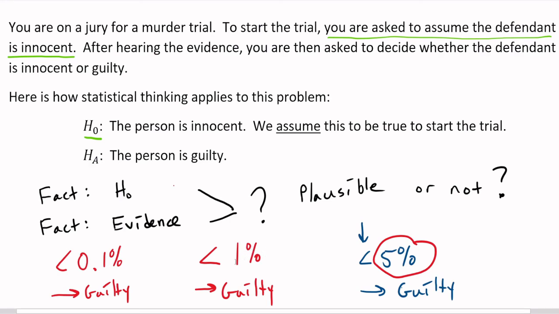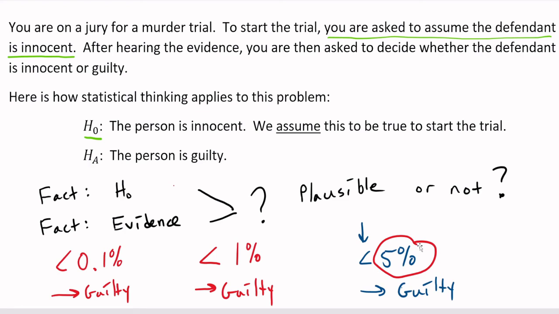And the idea being, what if you mess up? Right? What if you mess up? If you mess up, what happens? If you mess up, you send a person to jail who's actually innocent. That's what happens if you mess up and make the decision here: okay, the evidence together with assuming they're innocent, there's less than a 5% chance of that, I'm going to say guilty.